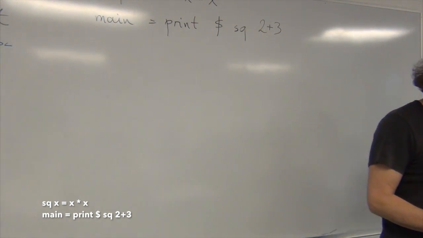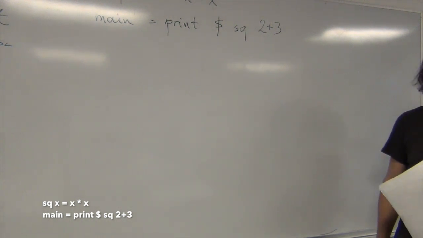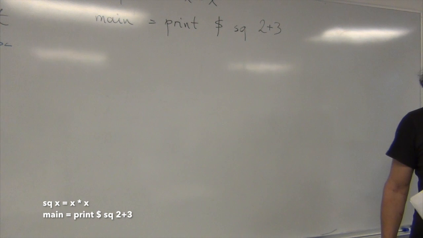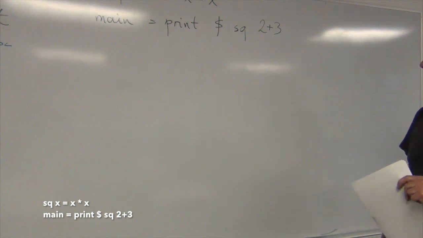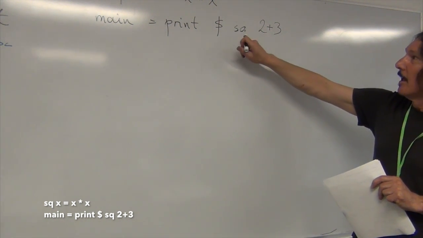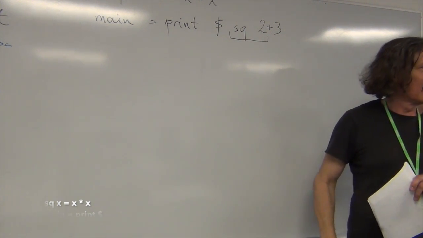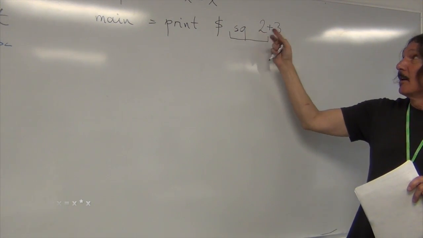Is that correct? What do you think it will print? 7. Why 7? Because square will bind with 2, right? That's the strongest binding.